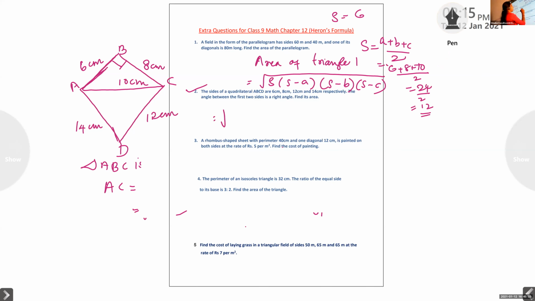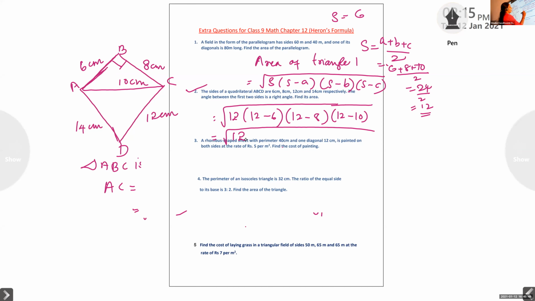So correct, children, did you get 12? Yes, ma'am. Okay. So 12 into 12 minus 6, 12 minus 8, 12 minus 10. Equal to root of 12 into 6 into 4 into 2. We write 12 as 6 into 2 so that you will get a pair of 6, and 4 as 2 into 2.